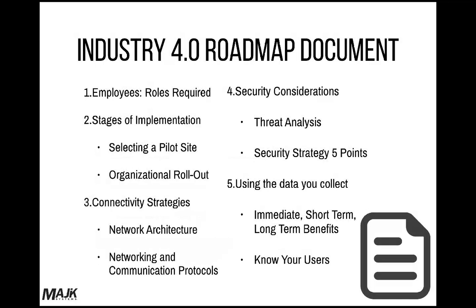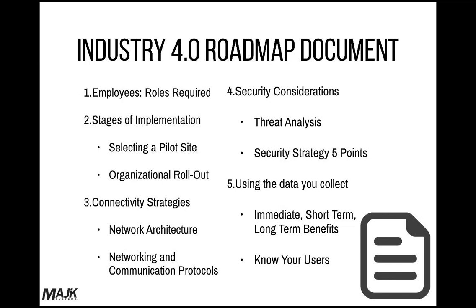So what's required in an Industry 4.0 roadmap document? I think 5 main areas are. First is the employees and what roles you're going to require for the project. Second is your stages of implementation, so selecting a pilot site and how you plan on an organizational rollout with this. Third is your connectivity strategy.